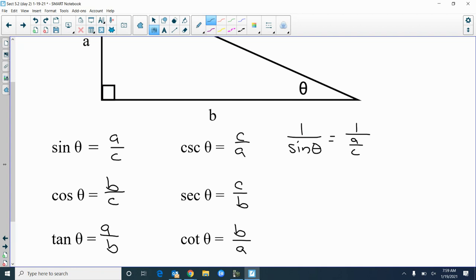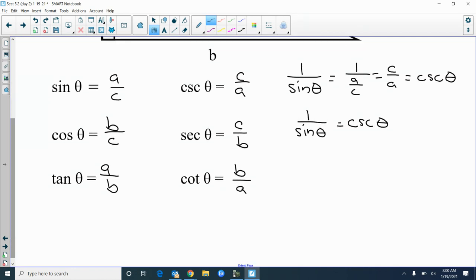C over A. There we go, C over A. And what is C over A equivalent to? C over A is equivalent to cosecant. So 1 over sine is equal to the cosecant. Does that make sense? At least does that mathematically make sense? Because you do 1 divided by A over C, and that becomes C over A, so it equals the cosecant.